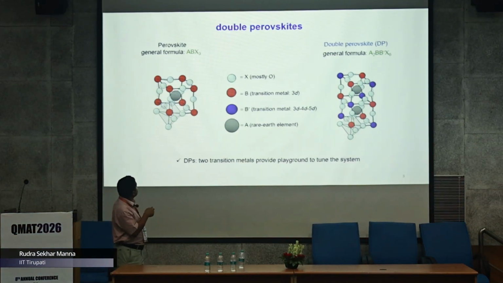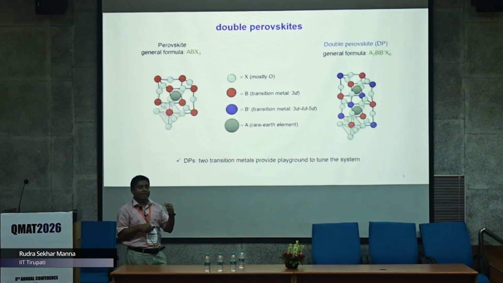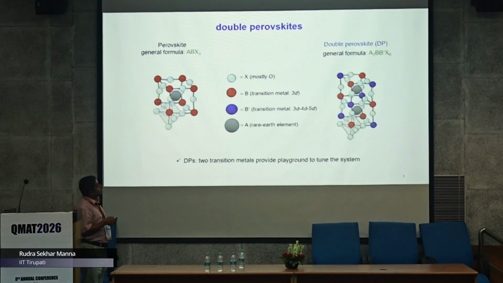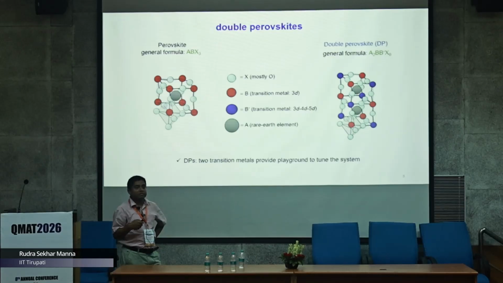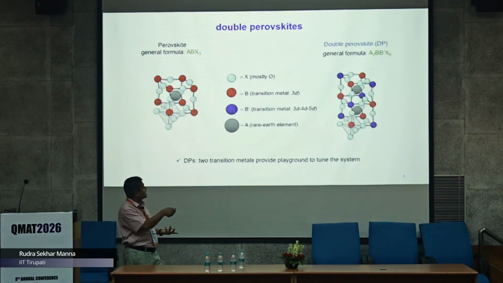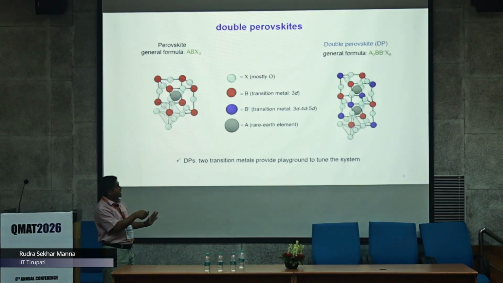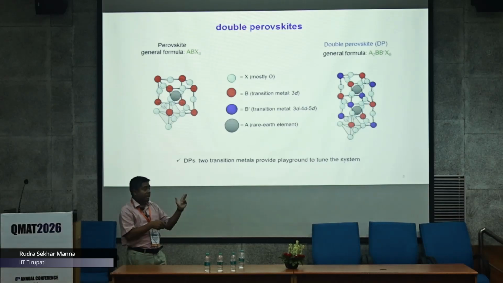that means in the case of ABX3, you can have A2, B B prime, and X6, just multiplied by 2 times. And of course, what is the advantage or disadvantage? The disadvantage would be that it's maybe very difficult to prepare, because you have 2 magnetic elements here, or on this side you can also have magnetic elements. But our target is that the A side has long been studied, so we don't want to change A, so we keep the same A, that means A2.